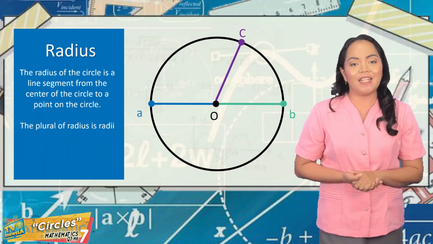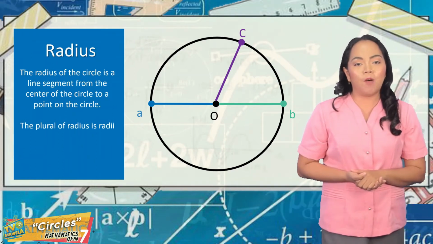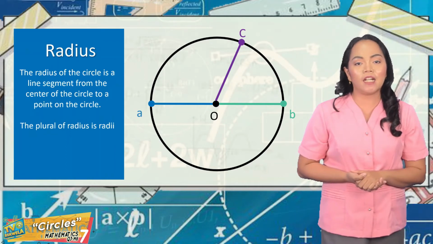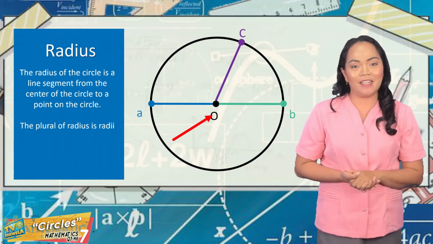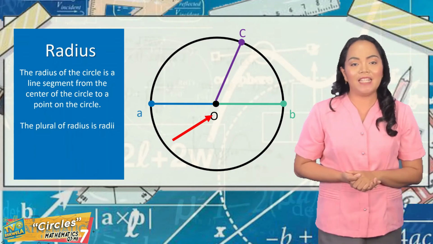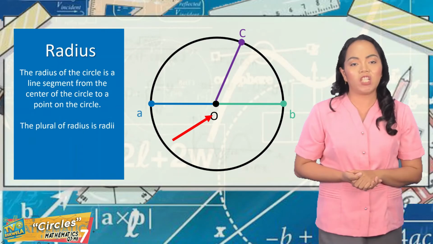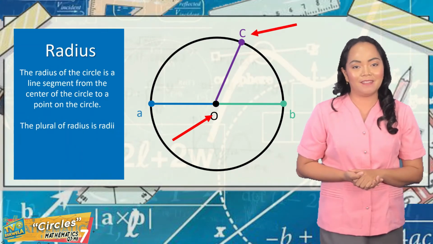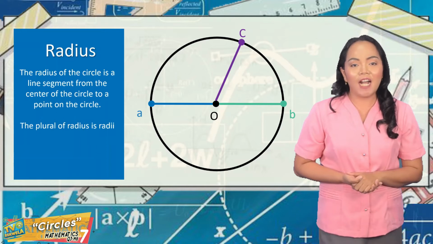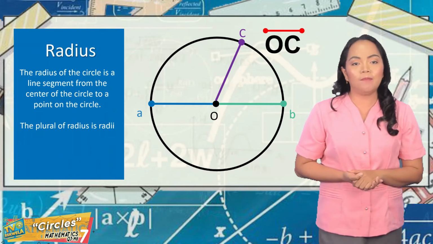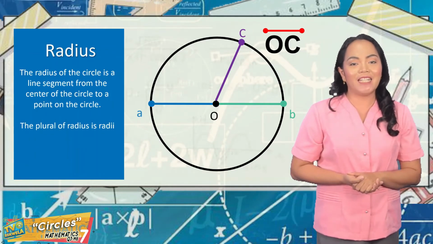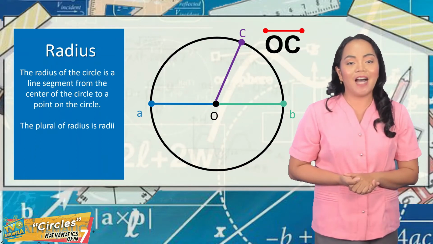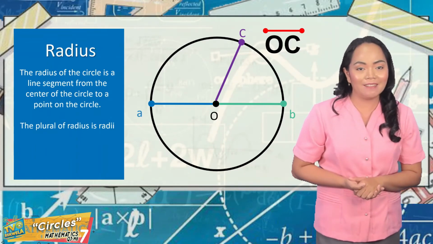As you can see in the diagram, one endpoint is located at the center of the circle, which is point O. And the other endpoint is on the circle, which is point C. Therefore, line segment OC is one of the radii of circle O. Based on the diagram, can you guess the other two radii of the circle?